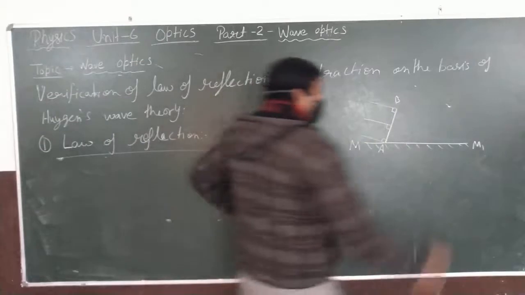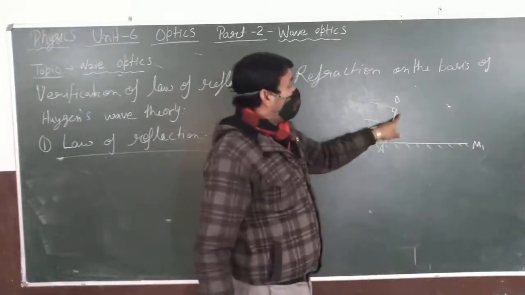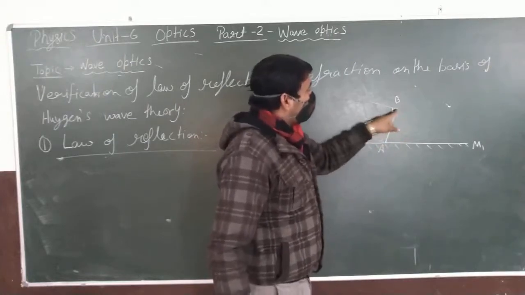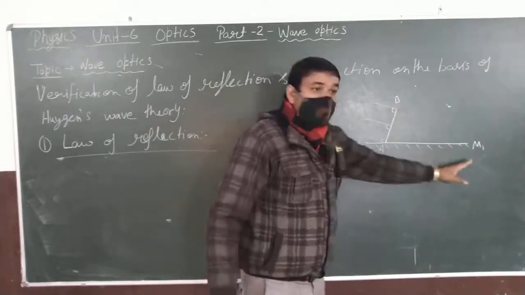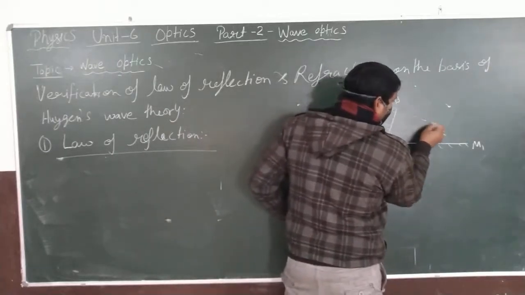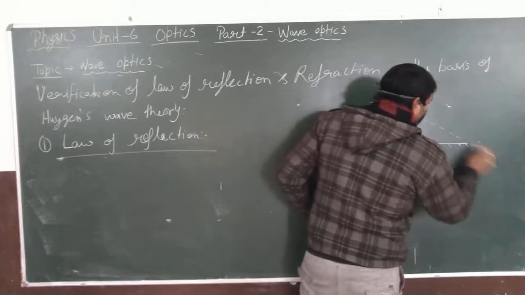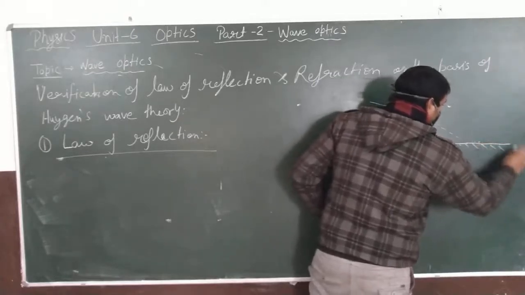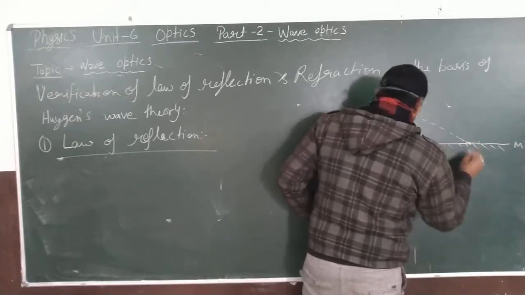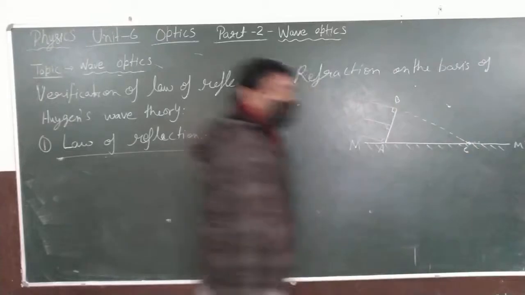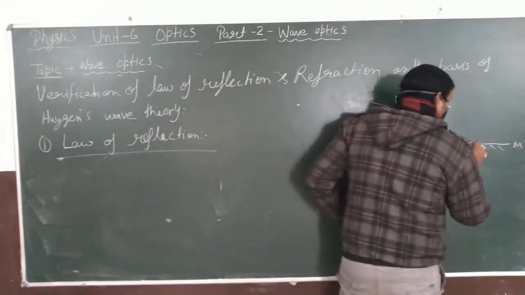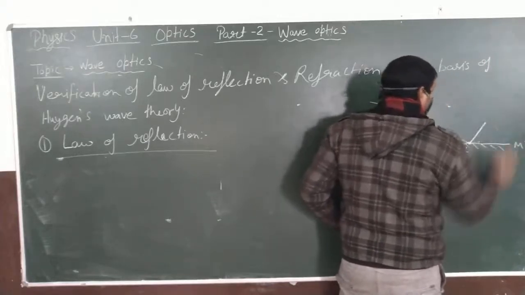Now we see a ray of light traveling from B in the same medium and incident at point C.